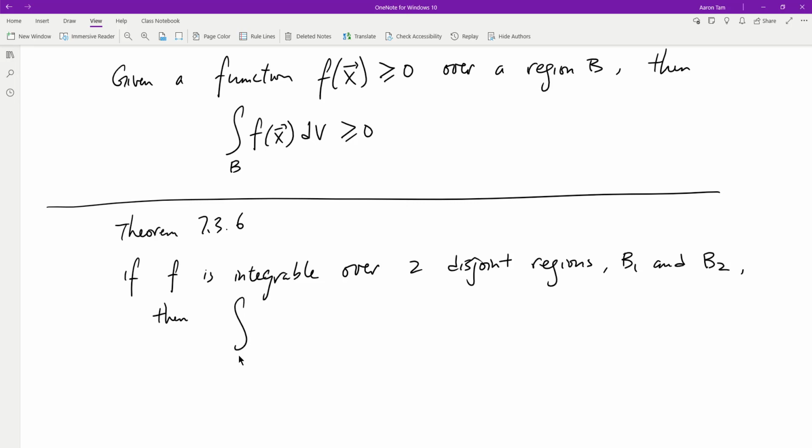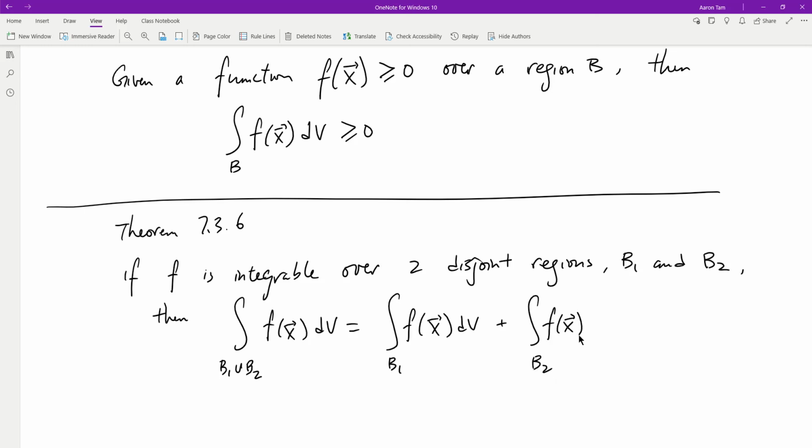Then we can say that if I want to integrate f of vector x dV over the union of B1 and B2, I can simply integrate over B1 and then integrate over B2 and add the results together.